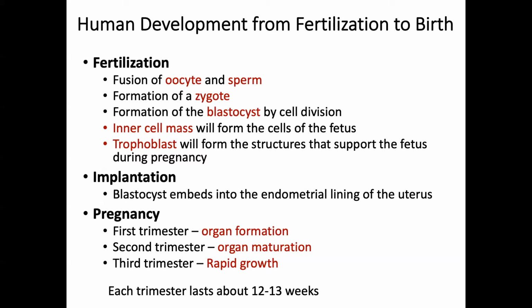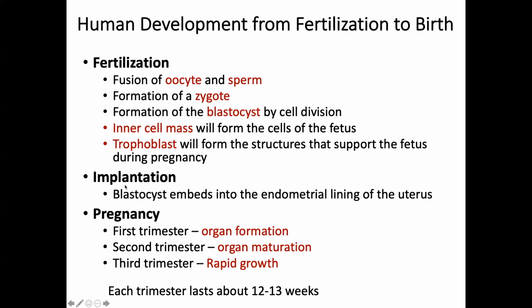We'll show this structure in pictures a little later. Remember that fertilization occurs in the oviduct, right? When the blastocyst travels from the oviduct to the uterus, it needs to embed into the endometrial lining of the uterus to grow. This process is called implantation.